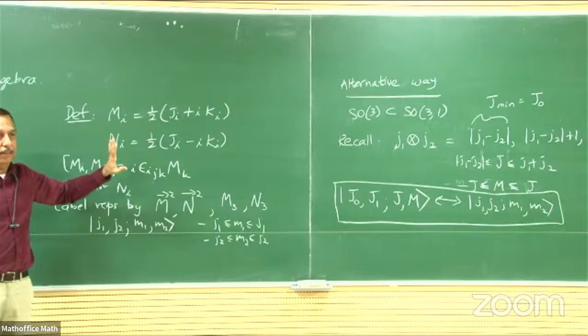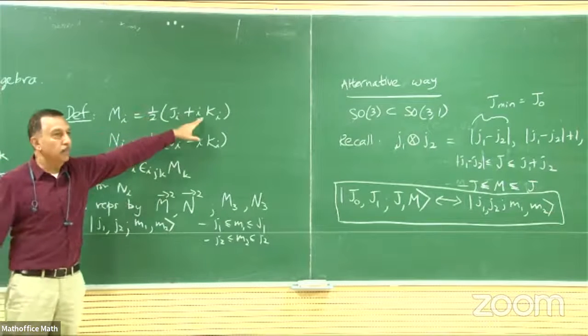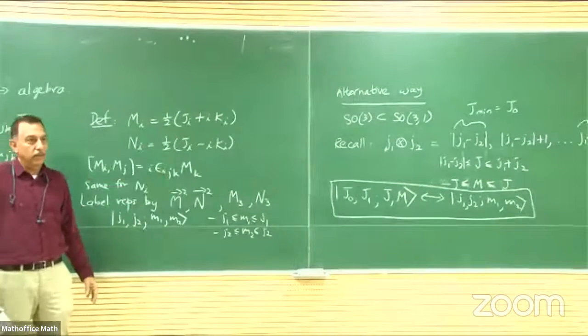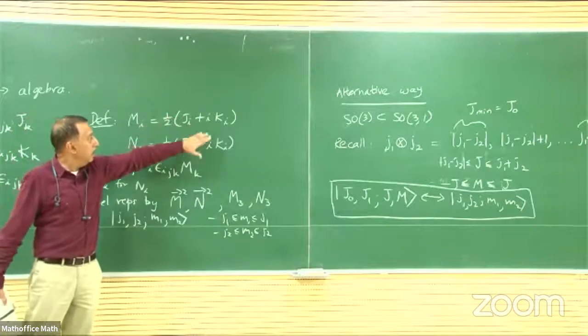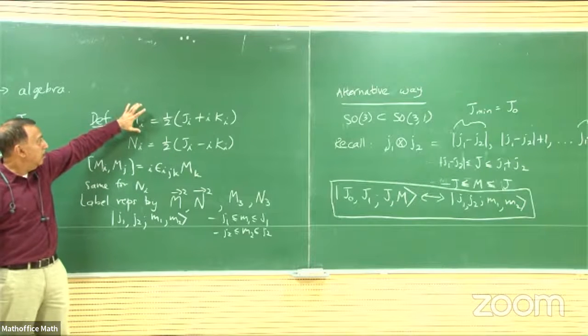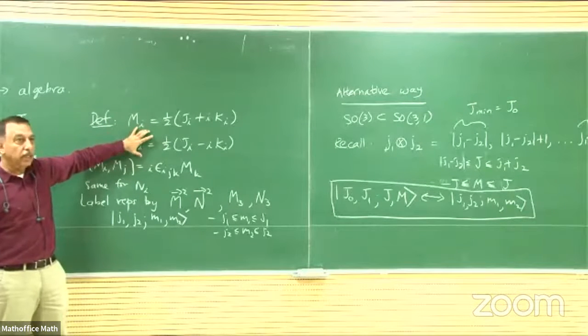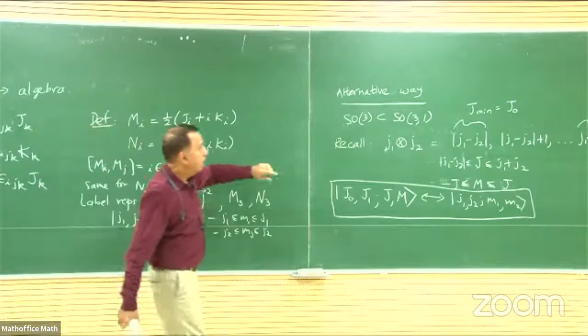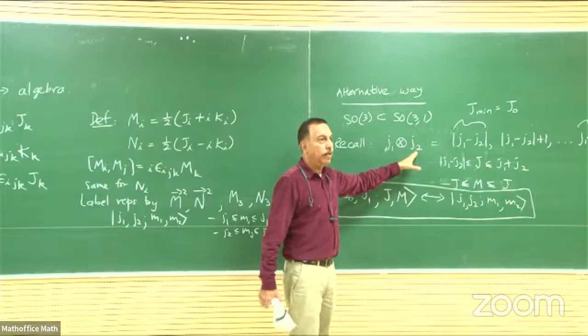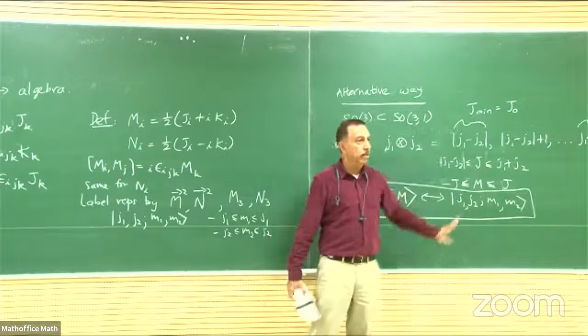It isn't really because of this illegal operation. If it was SO4, by the way, it really would have been SO3 cross SO3. But it behaves like SO3 cross SO3 for representation labels. And therefore, we have a pair of J's, and any pair of J's, even if they belong to different SO3s, I can replace by this.